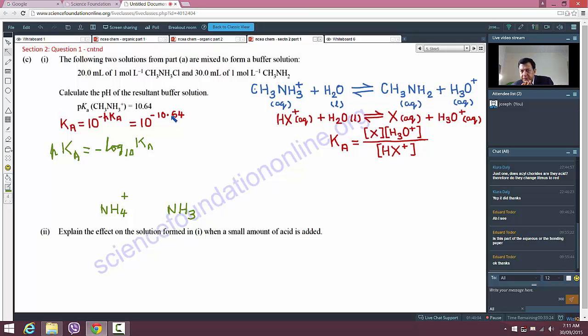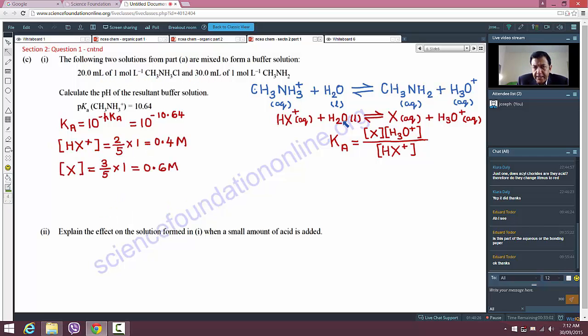Okay, now look at everything there that's on the board and tell me if you have any question. Our objective is to calculate the pH of the resulting buffer solution when you mix these two solutions together. So there's our Ka expression that we had before, and we know that the Ka value will be 10 to the minus 10.64. And what is going to be the HX+ acidic species concentration after you mix them? And here's a little shortcut that you can use to get the final concentration.